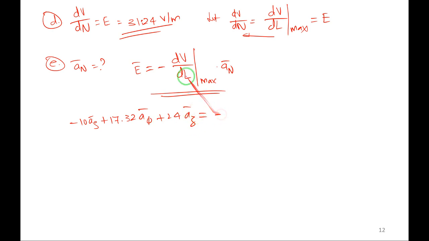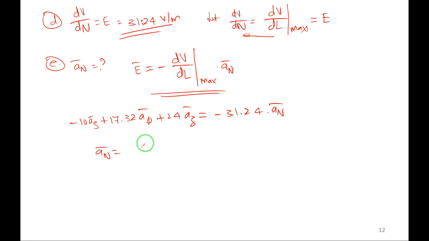This is equal to minus dV by dL max, which is nothing but 31.24 a_n. Now calculate a_n vector, which is this entire thing divided by minus 31.24.